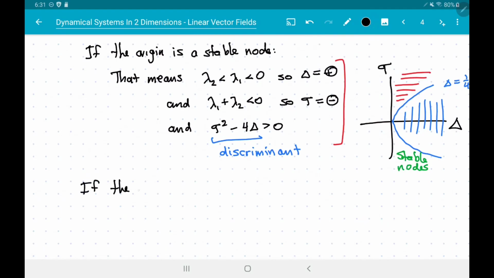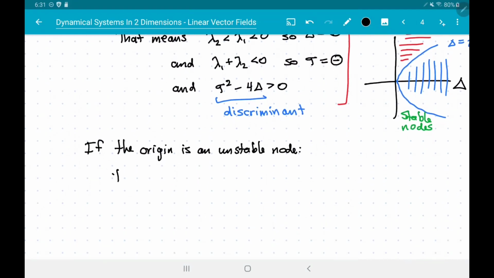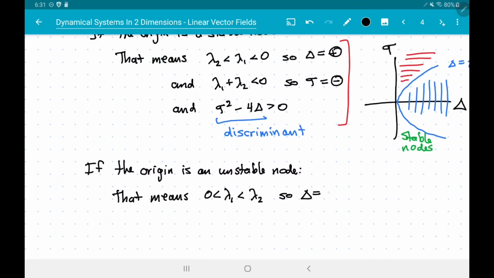If the origin is an unstable node, okay, that means, let me draw it like this. Lambda 1 is greater than 0, and there's a lambda 2. So again, delta is positive because it's a product of two positive numbers, lambda 1 and lambda 2.